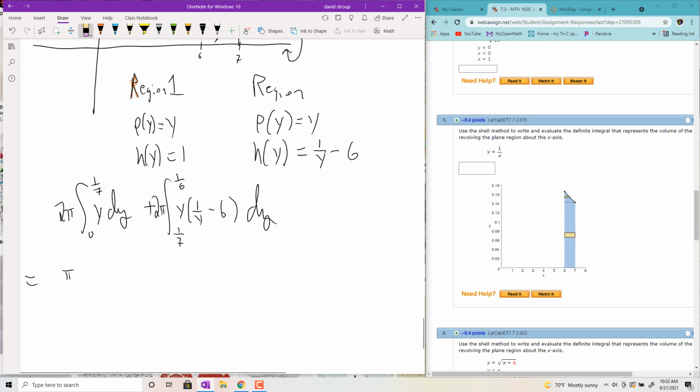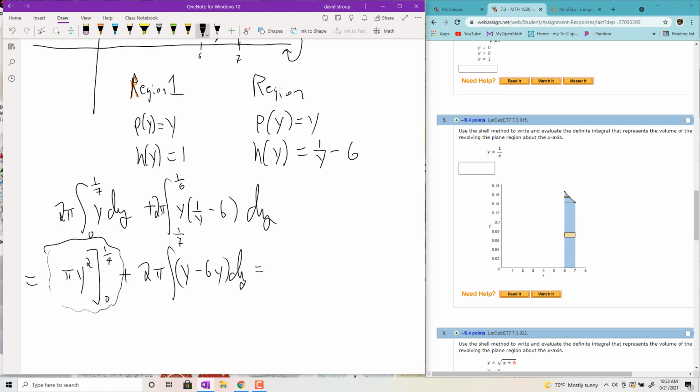So that's just pi y squared from 0 to 1/7. Second integral, we have y minus 6y when you distribute. That first integral then, the first result here will just be pi over 49. That's 2 pi times y squared over 2 minus 6y squared over 2 is 3y squared.